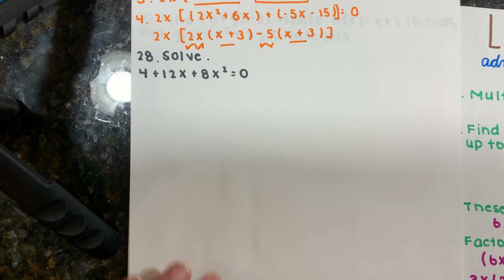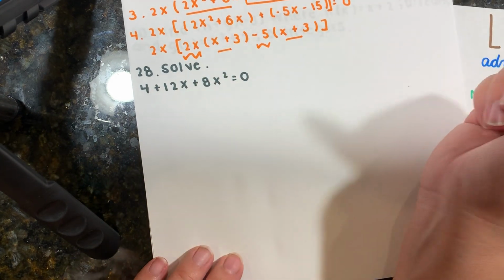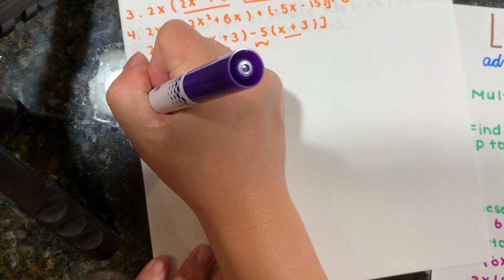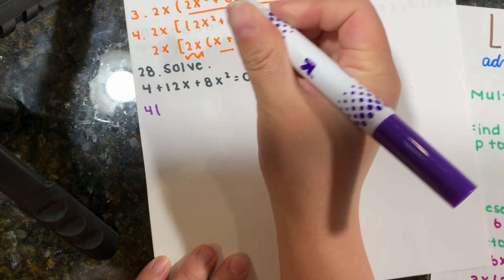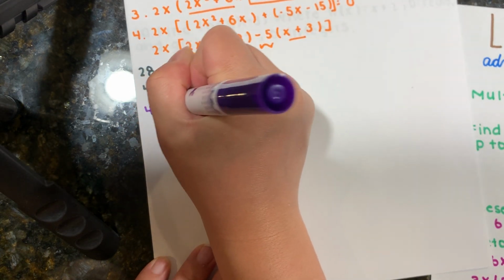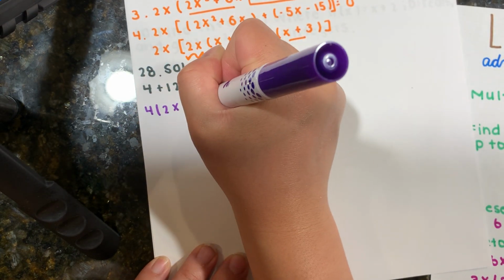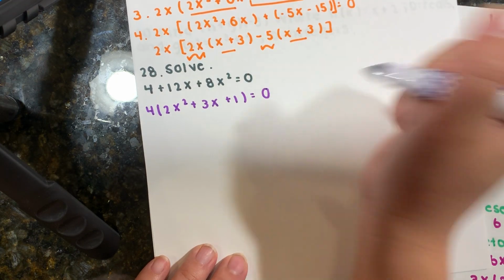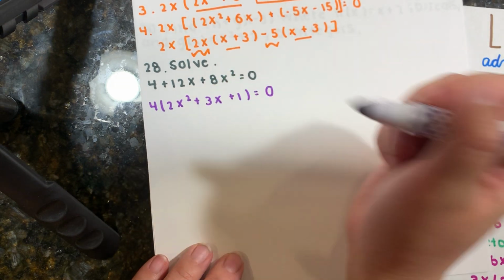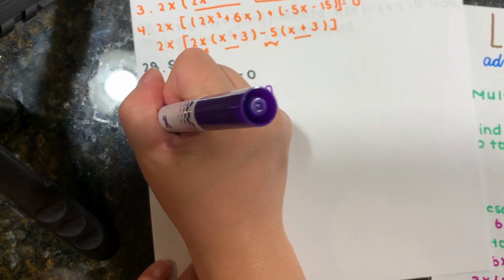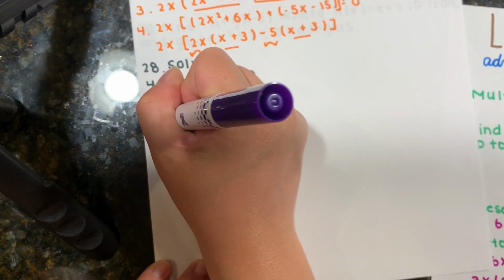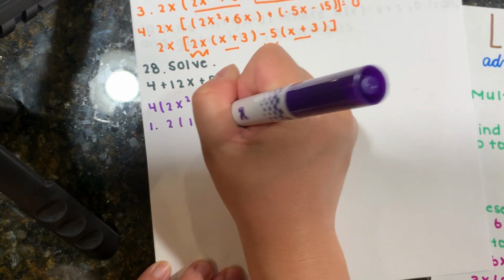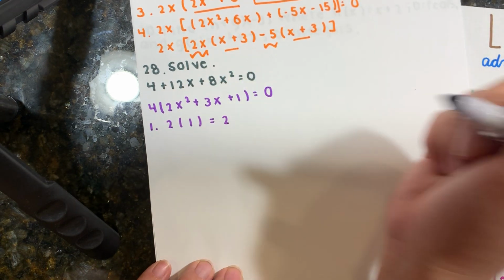Number 18, all I'm going to do is see that all 3 of those numbers are divisible by 4 and factor that out, which would make that 2x squared plus 3x and then plus 1 equals 0. You multiply the first and the last number together for step 1, so that would be 2 times 1 equals 2.